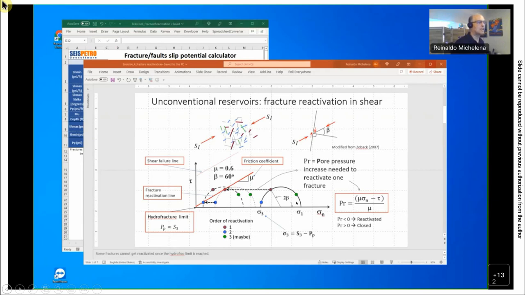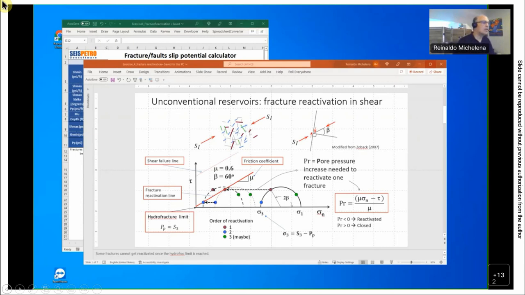But then as you start increasing the pore pressure, the Mohr circle will start moving to the left, and eventually some of these points, as we explained yesterday, will cross the friction line, and then they become more prone to be open. So if they were closed, they become more prone to be open. Or if a fault was kind of quiet, it can get reactivated and it can create seismicity.